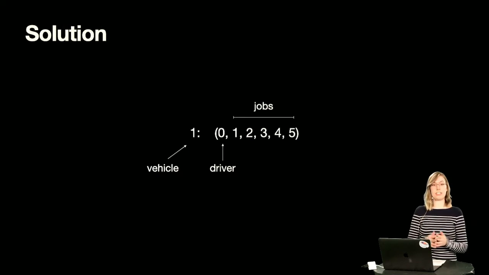We have a vehicle, and then an array which includes the driver at the first spot, and then all the jobs that come afterwards. The jobs and the drivers have an index that we create in the data model, so we don't actually have to work with, let's say, an ID, which would make it way more confusing. So this is a very simple way for us to see which job is on which vehicle with which driver and in what order.